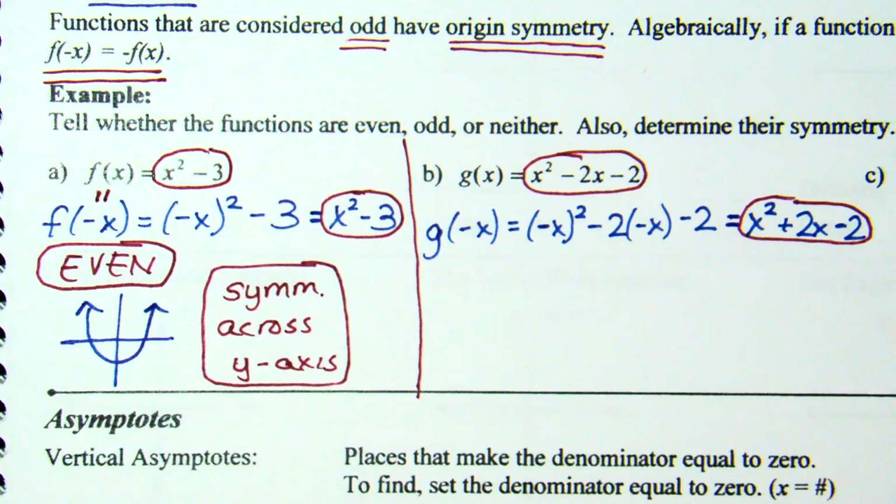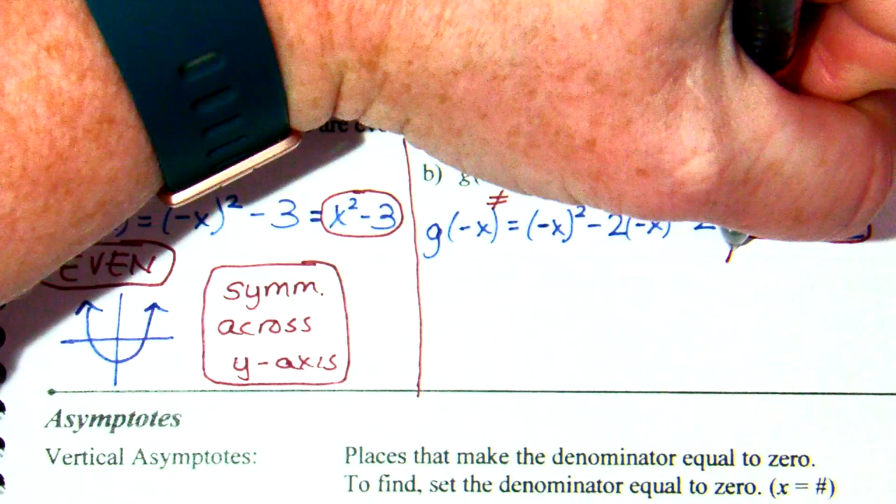No. So that tells me right now that this is not even. Okay? That's what I know at this point. Because those two did not work out to be identical. I know there's only one little sign difference, but it's not identical, so this is not even. Got it? Okay.